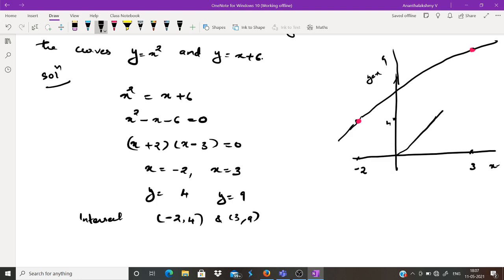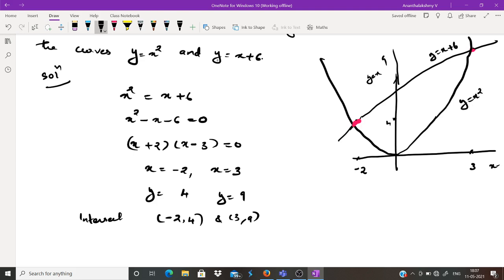So this is the parabola equation. Sorry, I shifted my point to this place. This is the graph of y equal to x plus 6, and this is the graph of y equal to x square.